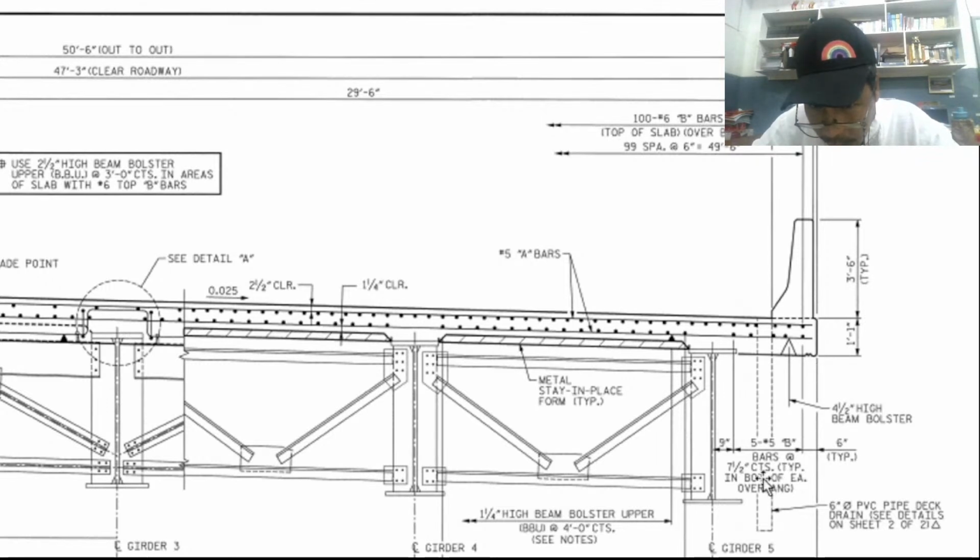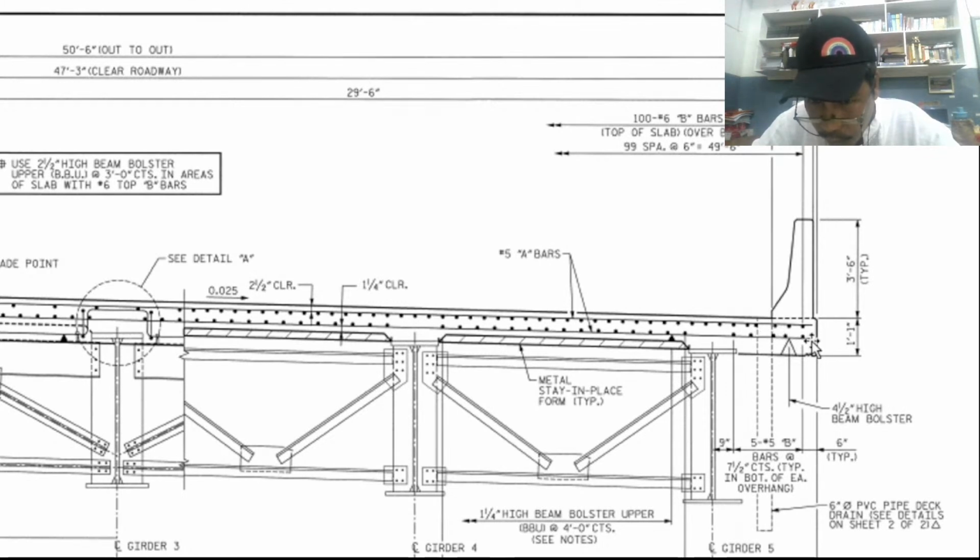How many bars? 7.5 inches, center to center, from this point to this point, at the bottom. So meaning 1, 2, 3, 4, 5.